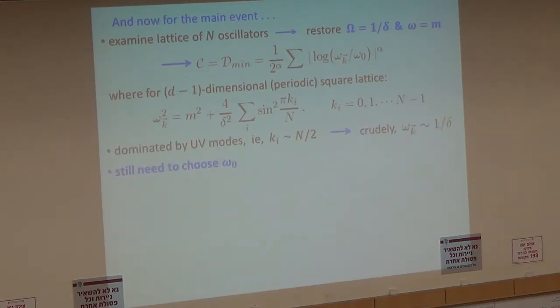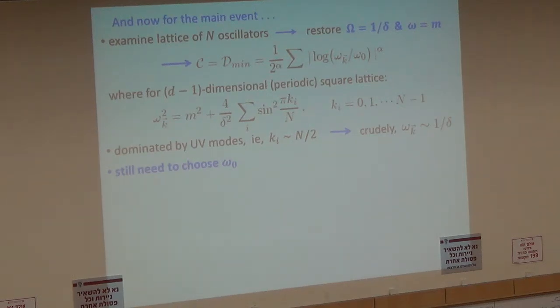We're almost at the end, and the bus is warming up. So I'll just say that, as in any quantum field theory, stuff gets dominated by the UV. The generic modes are all ones where some components of k, or k is roughly n over 2. That's just where most of the phase space is.